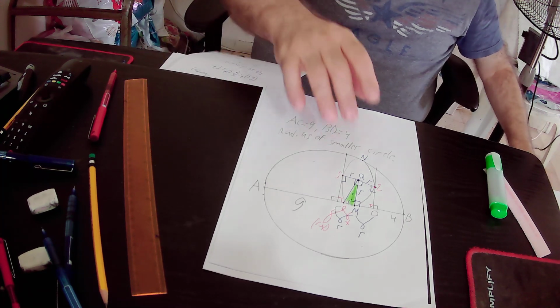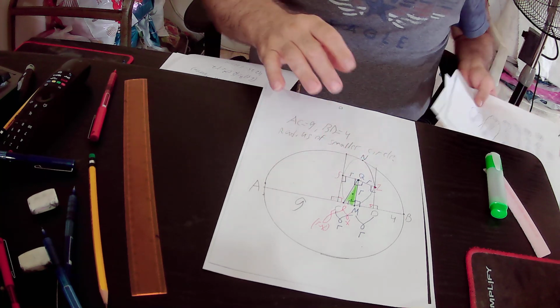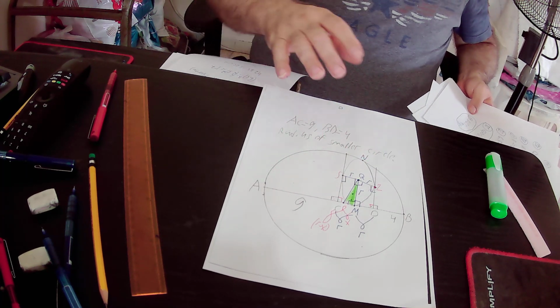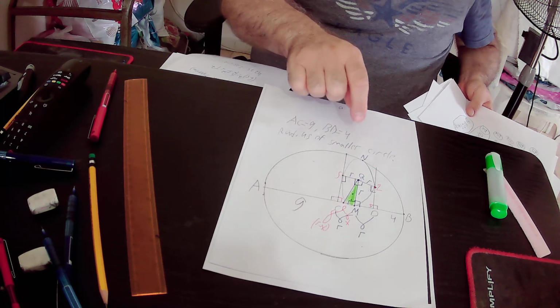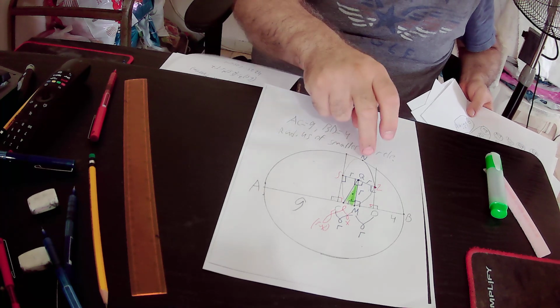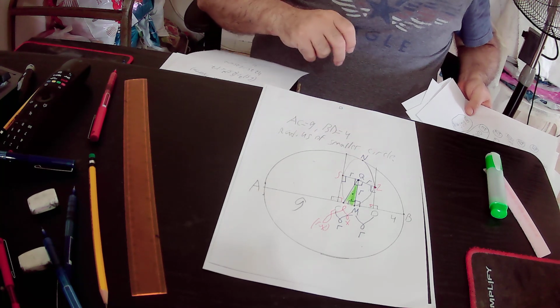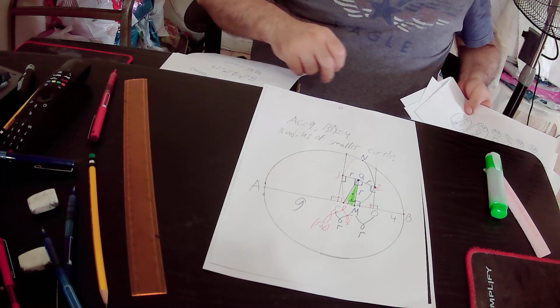Okay, now I will summarize the lecture. Actually, we wanted to find out the radius of this small circle. We have here two circles that touch each other internally at point N. Point N is the point of contact between those two circles.